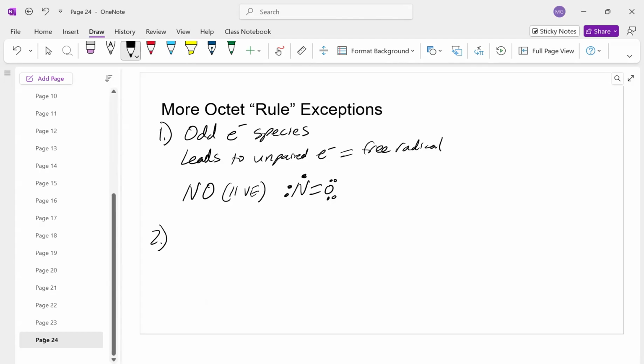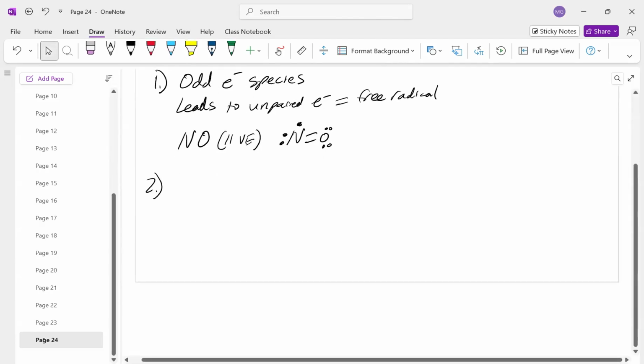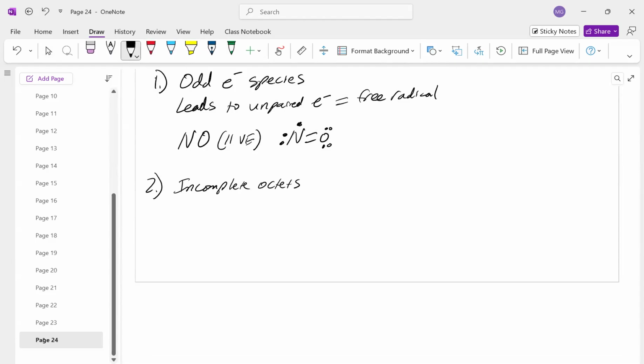Another kind of weird exception you'll see periodically are incomplete octets. These are where atoms don't want, and I put that in quotes because there really isn't a desire, but they don't get the full 8 electrons.